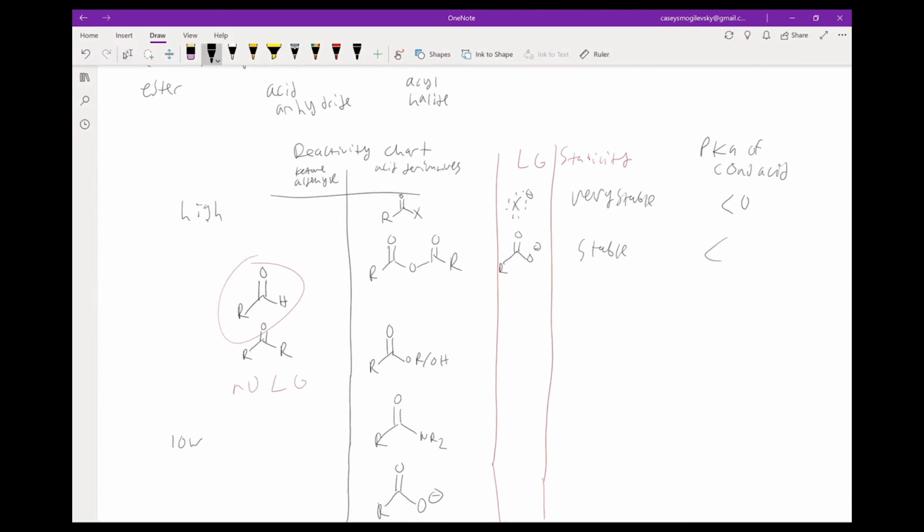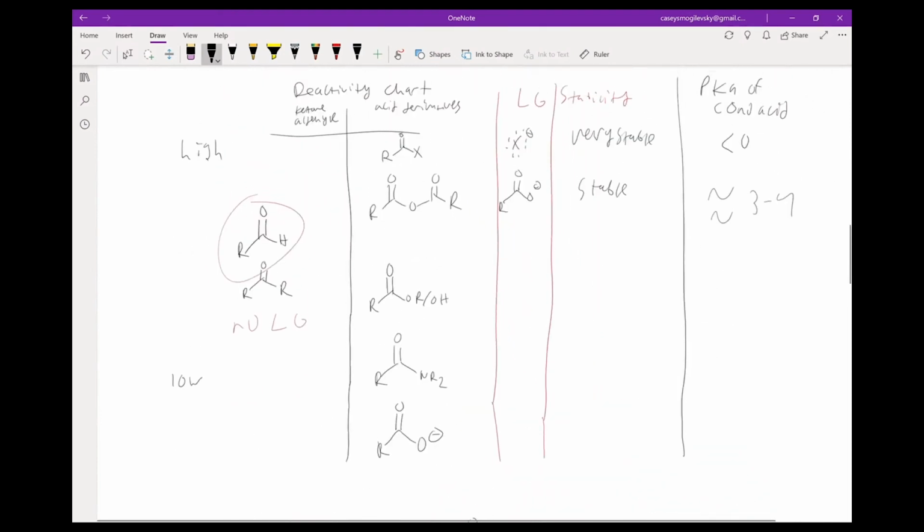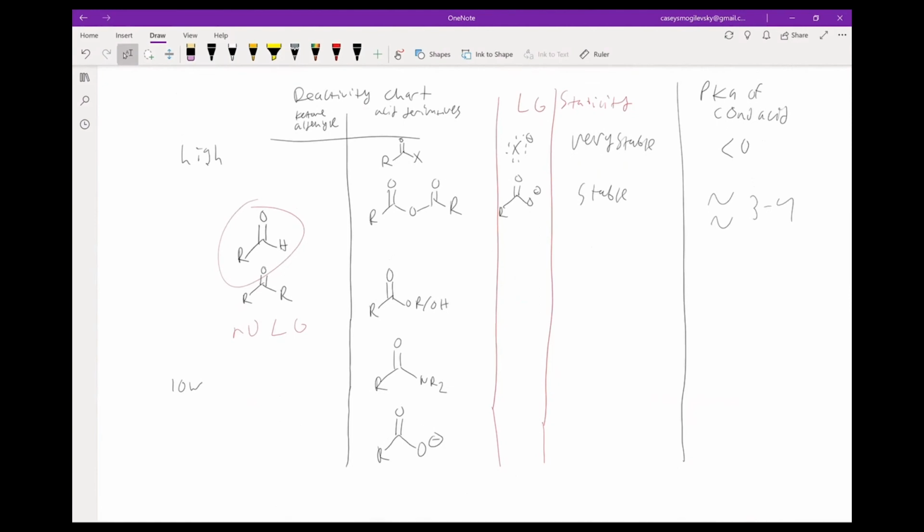This is around 3 to 4-ish. Okay, let's go down to the ester and the alcohol. So assuming that you wouldn't first deprotonate the alcohol, or the OH here, the carboxylic acid, I mean, the leaving group is going to be OR minus.